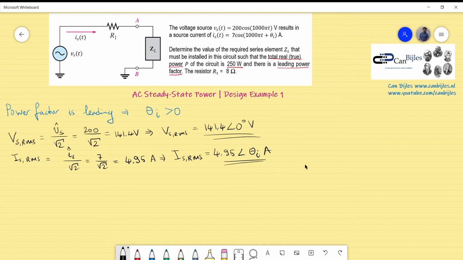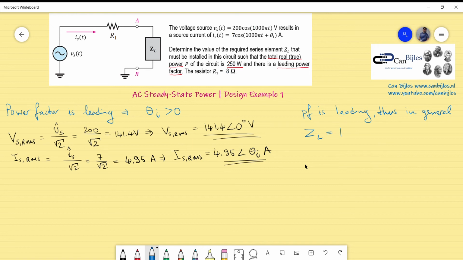So I will say in general, the power factor is leading, thus in general ZL must be capacitive, and so is the total impedance.